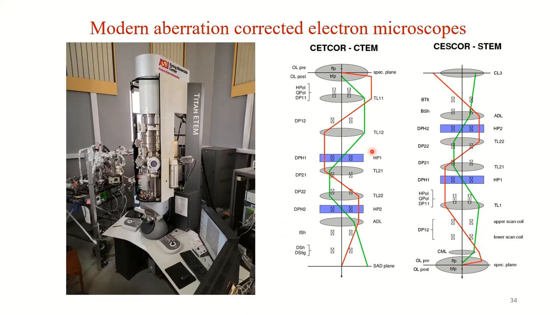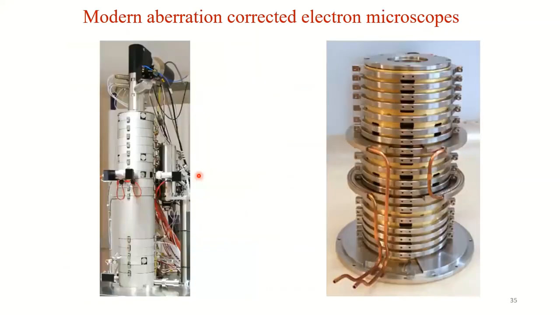But instead of putting it right here, you put it in the objective lens pre-field. So you put it above the objective lens in order to correct for the probe aberrations. And this component here, you can see, is the corrector component for this Titan microscope. And this is the optimized quadrupole octupole corrector developed by Krivanek and group.